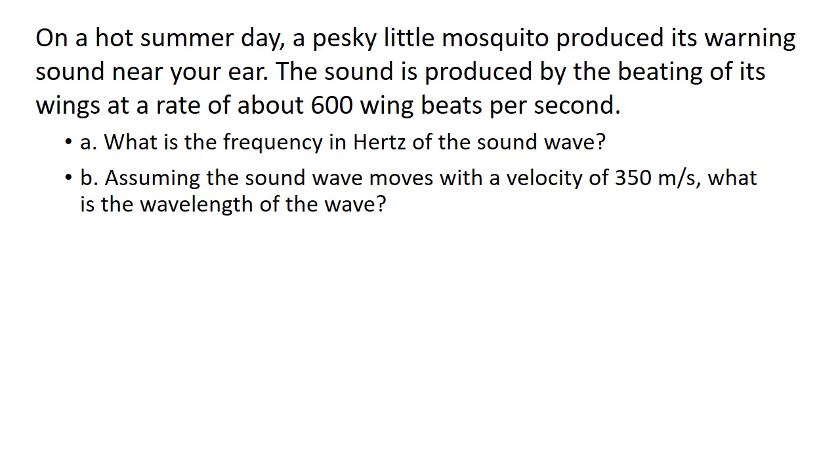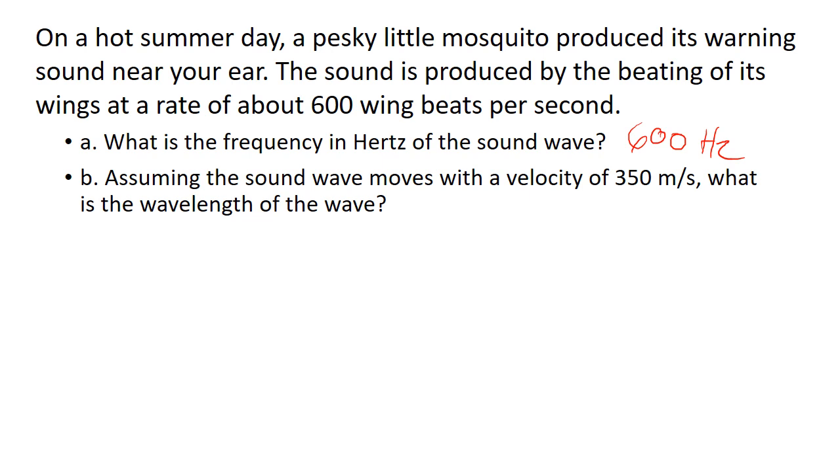Well, if it's moving its wings at 600 beats per second, the sound waves will be produced by the motion of the wing, so it will produce a frequency of 600 hertz. Ta-da! Because it's 600 waves per second.